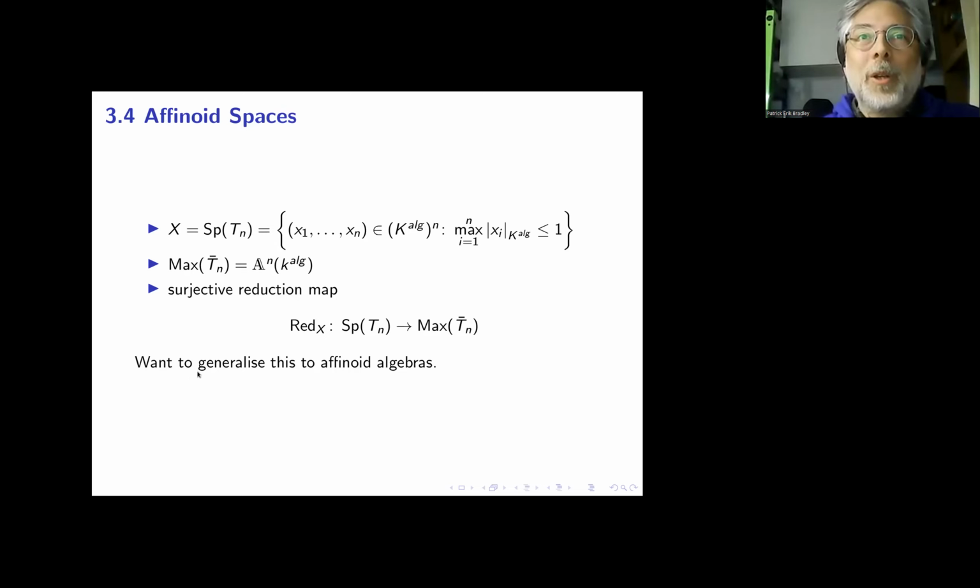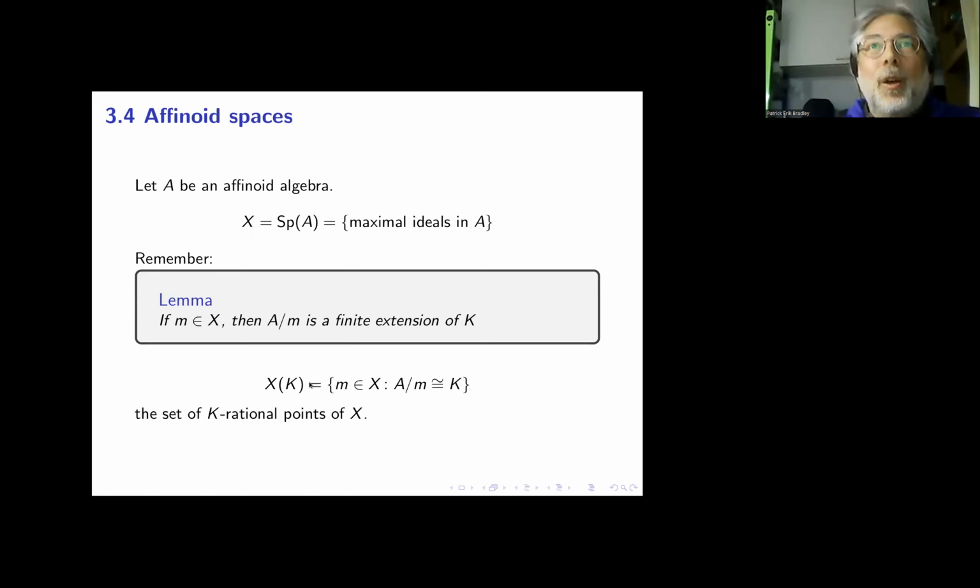But first of all, we want to generalize this concept to affinoid algebras. In order to do that, first we define the space. The space of an affinoid algebra is the set of all maximal ideals in A. Remember, if M is a maximal ideal, then A modulo M is a finite field extension of K. And you can say the K-rational points are those maximal ideals for which the field extension degree is just one.